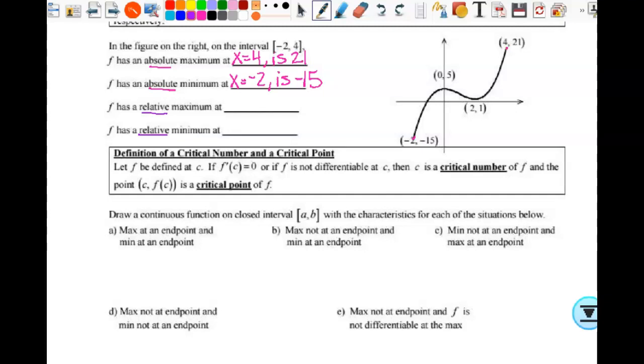But my relative max and mins are here. So my relative maximum on this open interval is here at x equals 0, and it is 5. Then my relative minimum is at x equals 2, and it is 1.